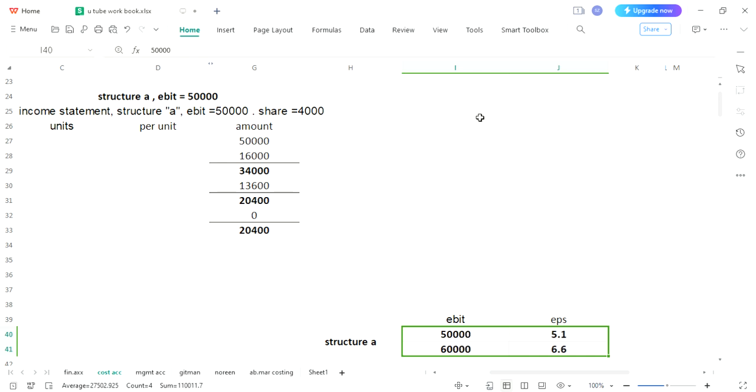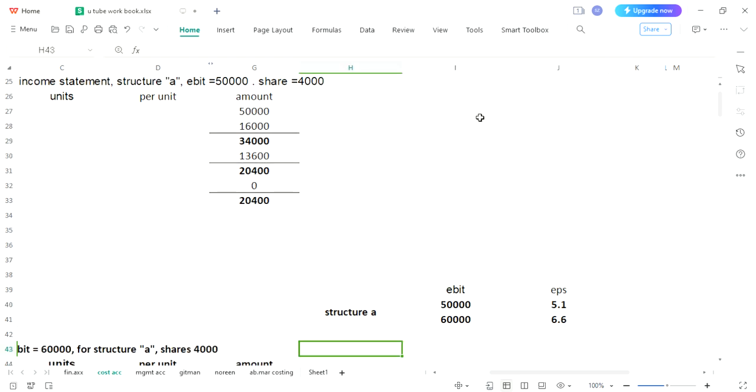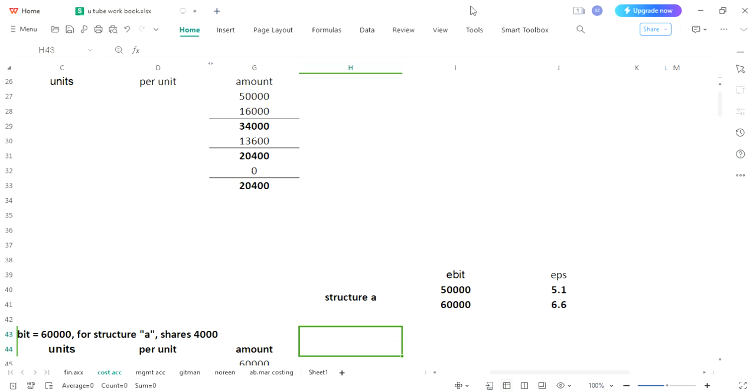At 50,000 EBIT you have EPS 5.1, and at 60,000 EBIT you have 6.6 as your EPS. We are going to perform the same for structure B as well.